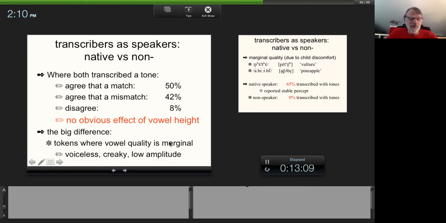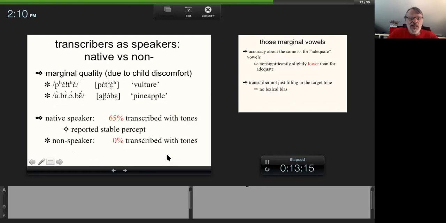There were some vowels that were of marginal quality because they were voiceless, they were creaky, they were low in amplitude. And that's due to the children being uncomfortable with the situation and happens often enough. I, as a non-speaker, transcribed tone for none of those marginal tokens, but Wendy, as a native speaker, transcribed tones for 2/3 of them and reported that her percept of whether it was high or low was stable on second listening.